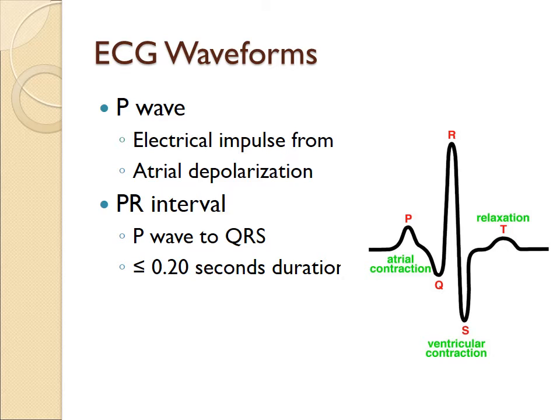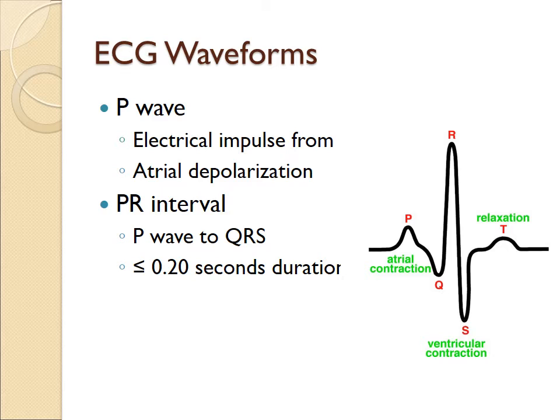The next thing that's going to happen after the P wave is the PR interval. This extends from the beginning of the P wave, which is that atrial depolarization, until the onset of the QRS. Even though it says PR, it's the beginning of the QRS at which we measure it.